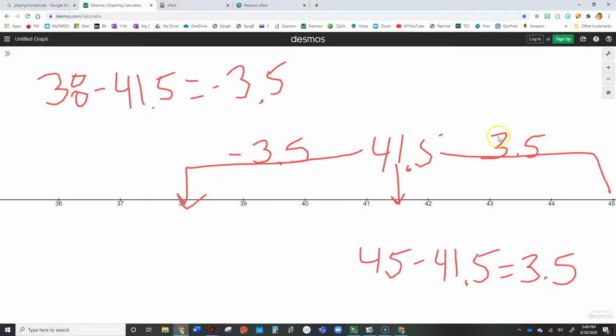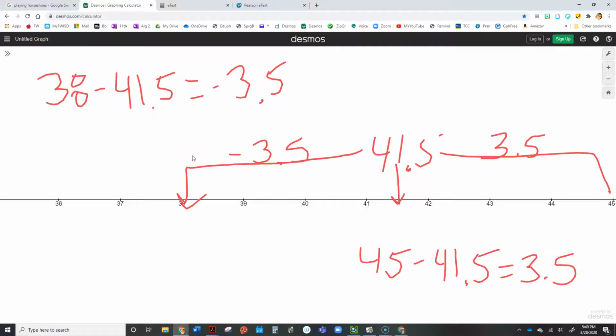But remember, if we're talking about finding the average of the differences, okay, well, what happens when you add a negative 3.5 to a positive 3.5? What happens? You get 0. And 0 is not really the sum of these two differences. Because really, shouldn't it be about 7? This one was 3.5 away. This one was 3.5 away, just on the other side.